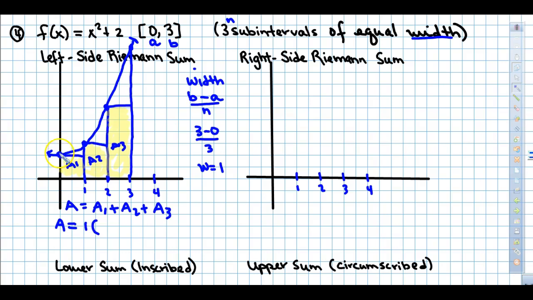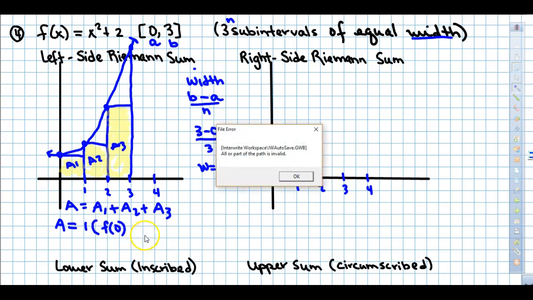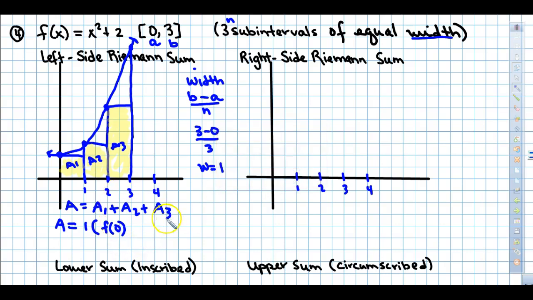Right here, that ordered pair says that if x is 0, then y is f of 0. Yes, use function notation. You're going to love me when you get to the AP test and you know how to use function notation. Okay? Alright, so let me write this a little bit better. So that's 1 times f of 0.